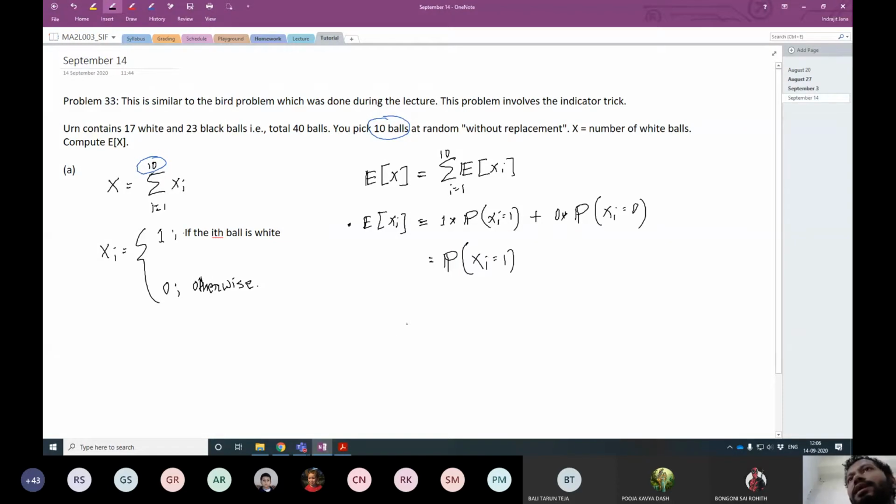That is, in words, the probability that the ith ball is white. So how do you find the probability that the ith ball is white?